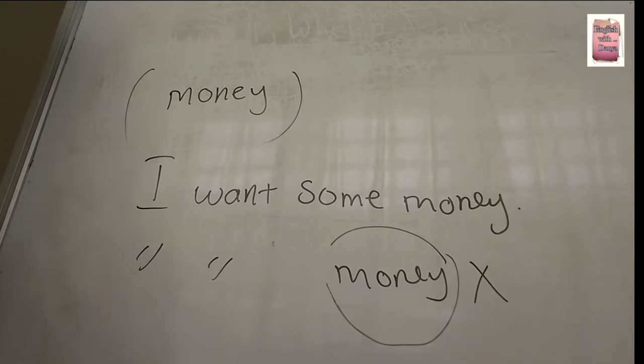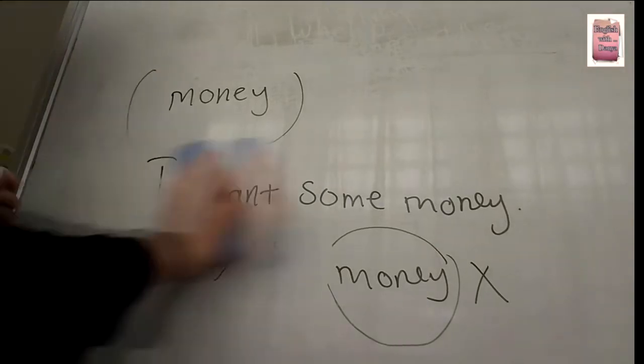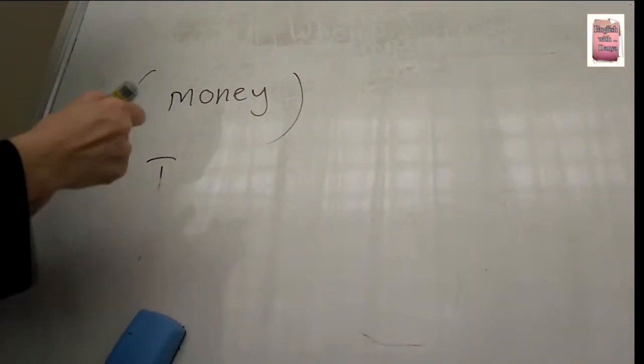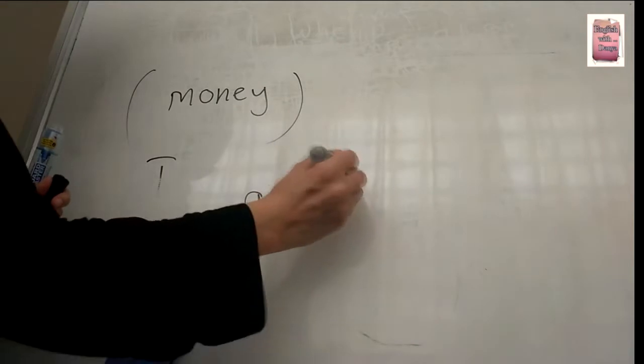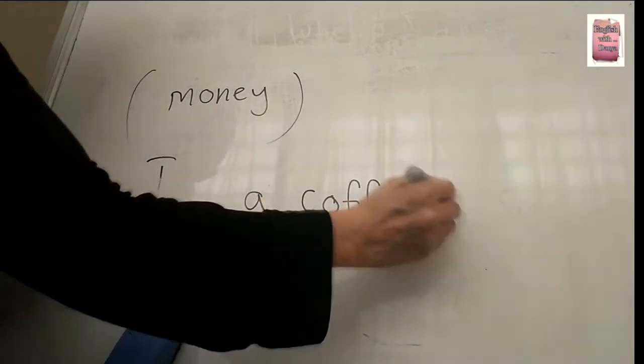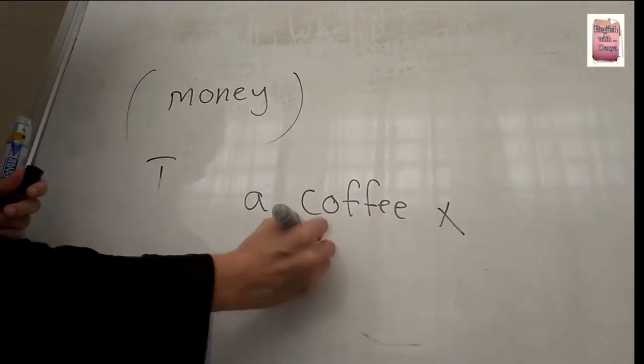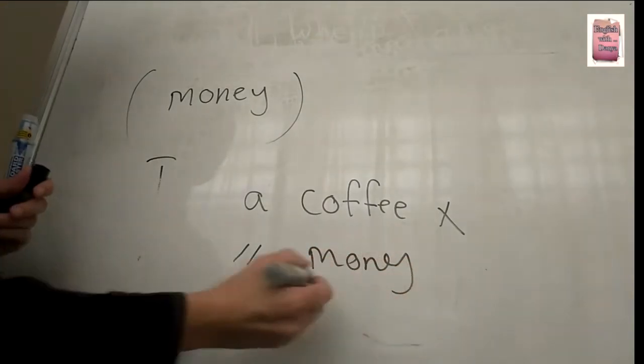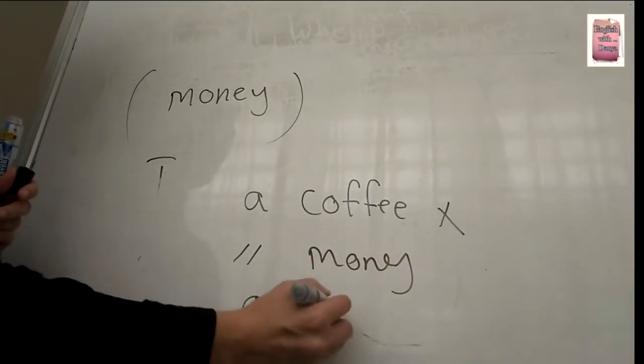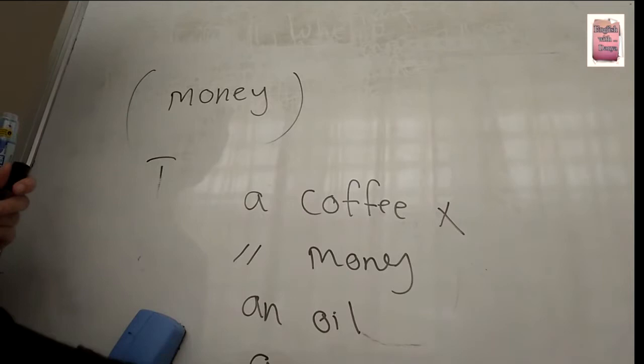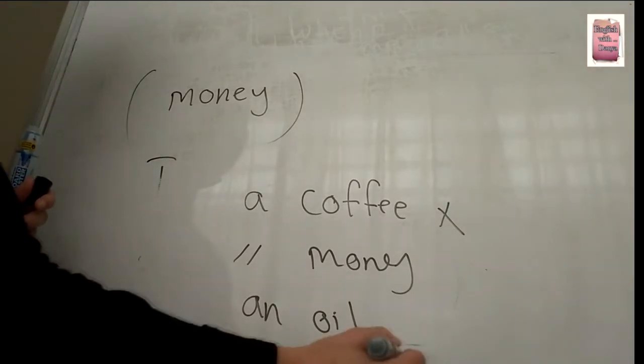When it comes to uncountable nouns, make sure not to use articles with them. So we don't say a coffee. This is wrong. We don't say a money, or an oil, or a water.